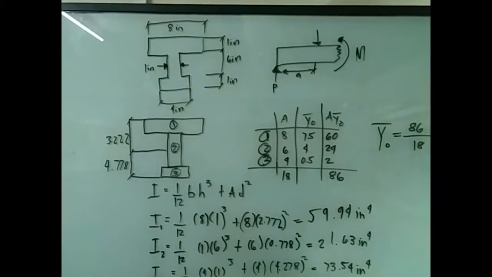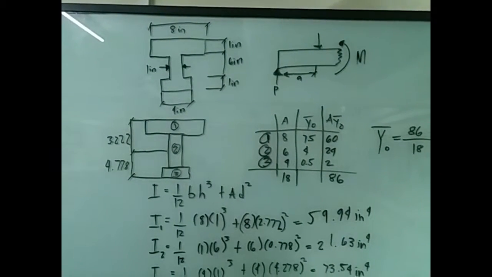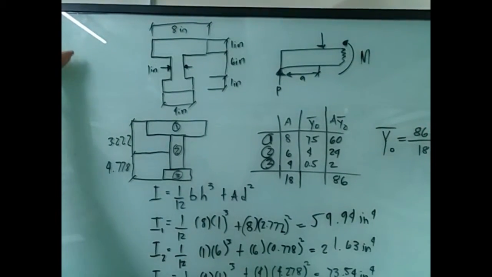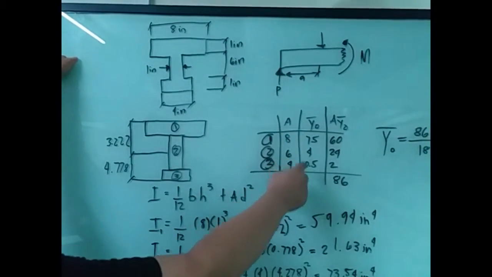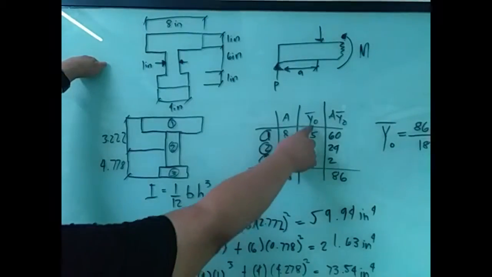Next problem. We need to find the stresses at the top and at the bottom of the figure. First, we divide the figure into 3 parts, and then make a table where we put their area and y sub o.